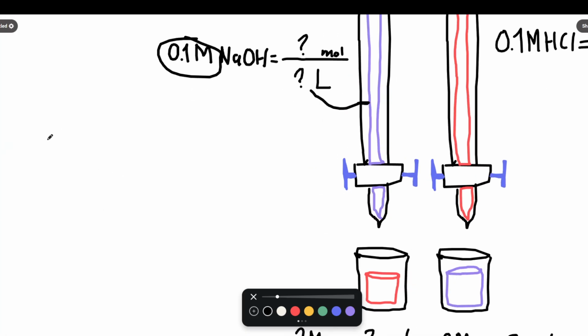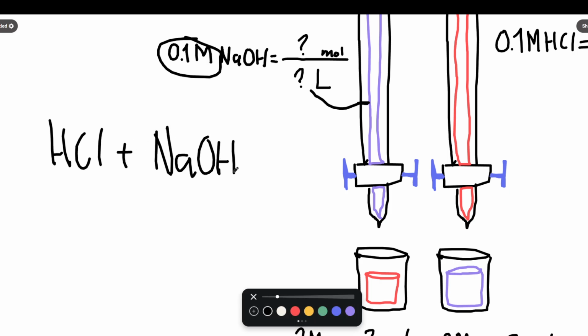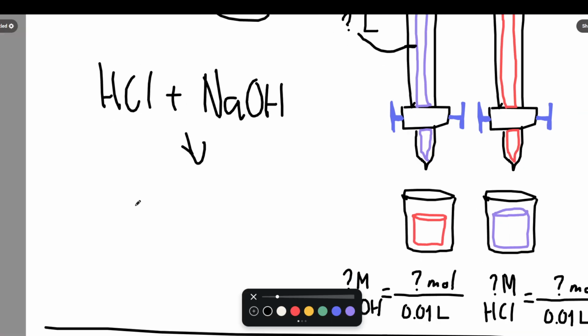Let's say HCl plus NaOH. Remember that every acid and base reaction produces water and salt. Water comes from the H and the OH, so it'd be H2O and NaCl.